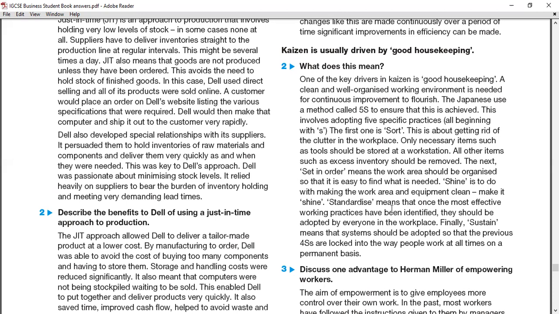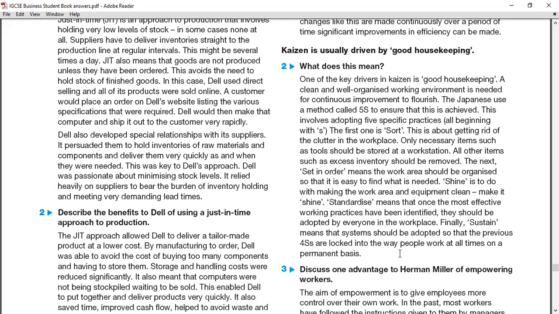Make it shine. Then standardize. This means that once the most effective working practices have been identified, you have to make it a rule and it should be adopted by everyone in the workplace. Finally, sustain, which means that the system should be adapted so that the previous steps are locked into the way people work at all times on a permanent basis.